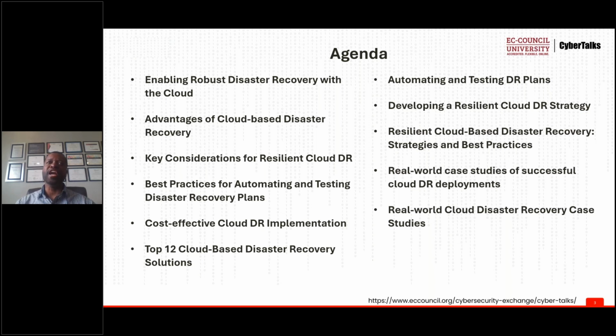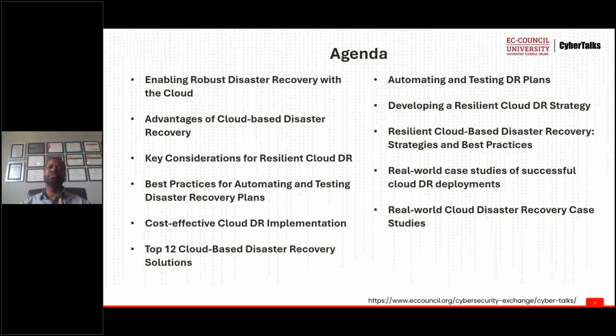After that, we'll examine the critical considerations for building a resilient cloud DR strategy. And then we'll go hands-on with best practices for automating and testing your DR plans, because a plan that isn't tested doesn't work. We'll also cover cost-effective approaches to implementing a DR strategy, because we understand that resilience should not just come with a cost, but it should also have meaning.